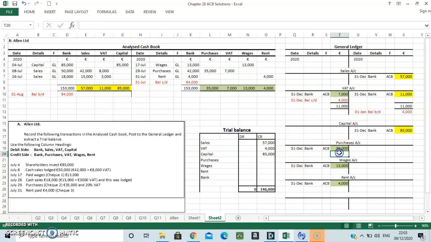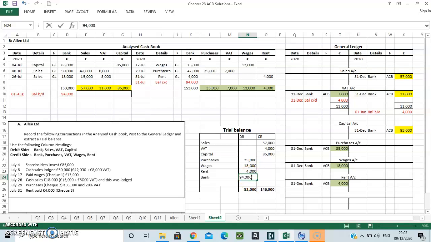Purchases is an expense, it's on the debit side, 35,000. Wages is on the debit side, 13,000. Rent is on the debit side, 4,000. And finally, we have our bank account, which has a debit balance of 94.